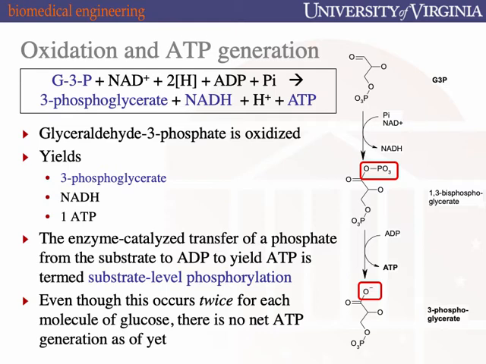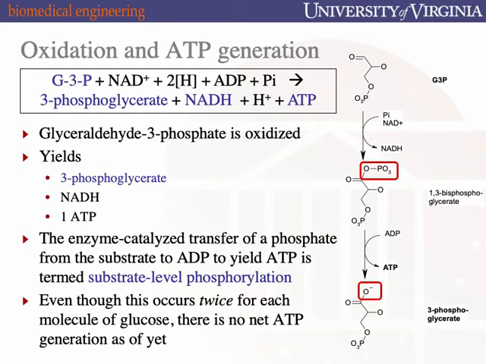Next phase will be the first point of ATP generation, as well as the first oxidation reaction. From this point forward, we're just going to keep track of one of those glyceraldehyde 3-phosphate molecules, and I'll remind you again and again that all of this stuff is happening 2 times.